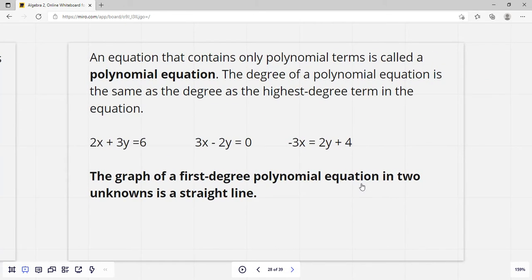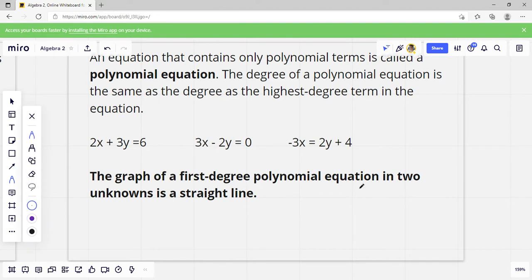An equation that contains only polynomial terms is called a polynomial equation. The degree of the polynomial equation is the same as the degree of the highest degree term in the equation. So same thing. This one would be a first degree because all these are just to the 1. This one is also a first.